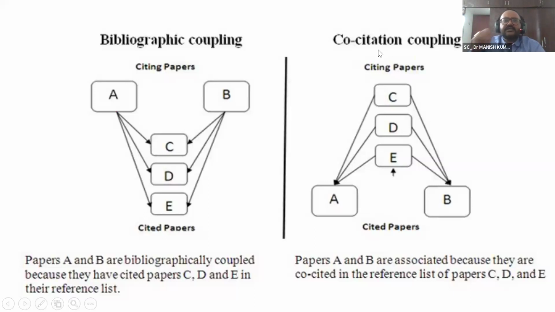Likewise, co-citation analysis, or co-citation coupling, is when, for example, paper C, paper D, and paper E have cited A and B. So A and B are co-cited.